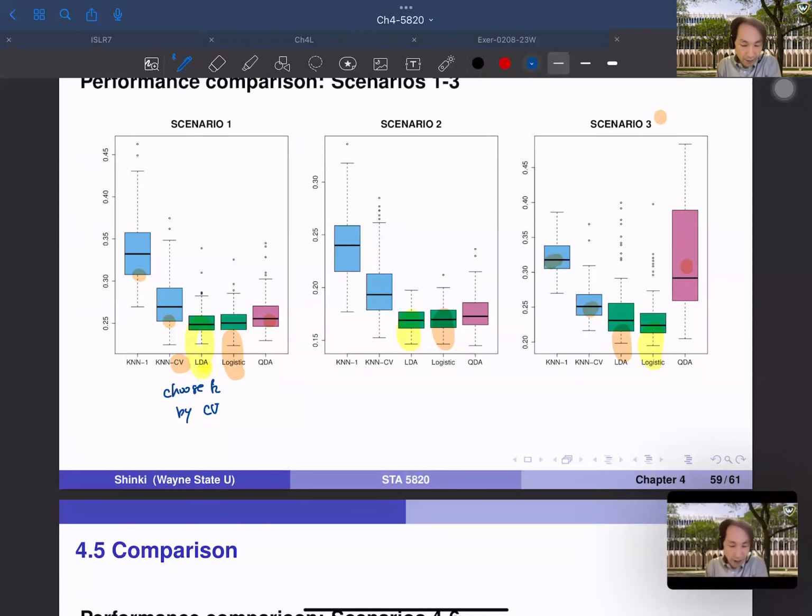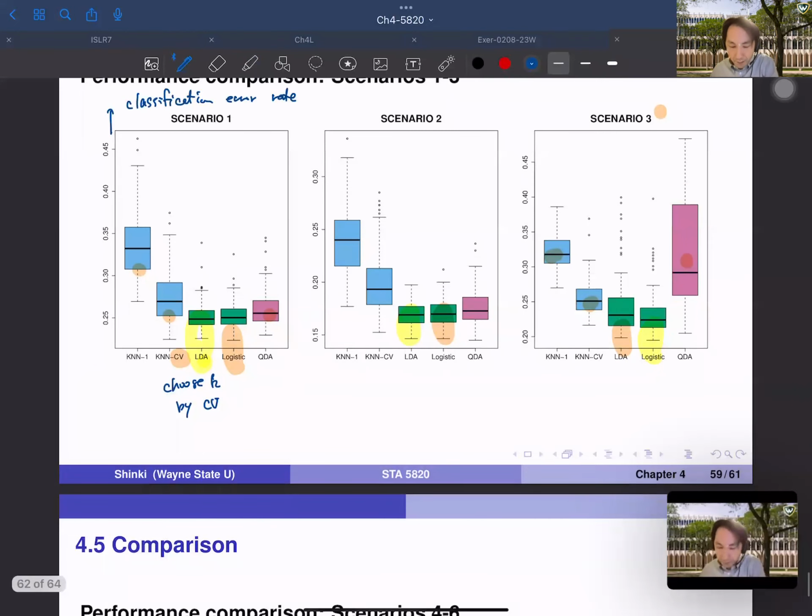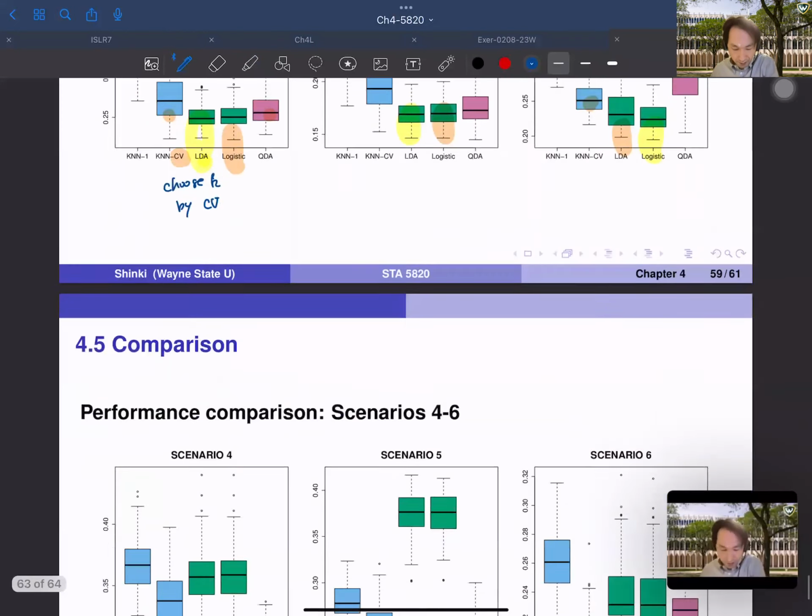Sorry, the y-axis is some classification error rate, I think. Maybe we should use AUC rather than that.